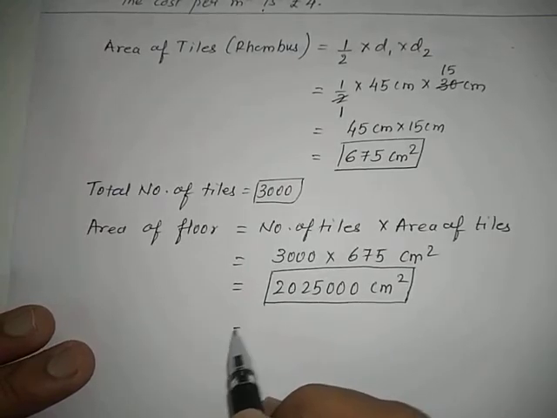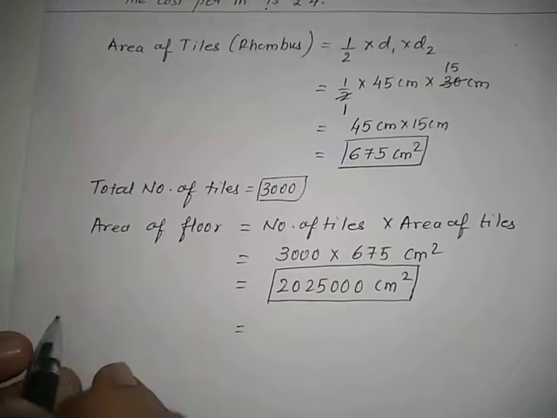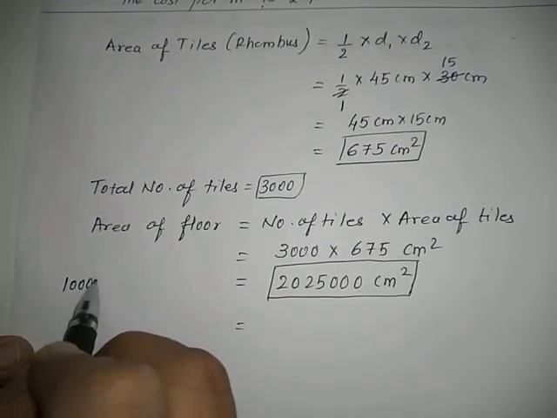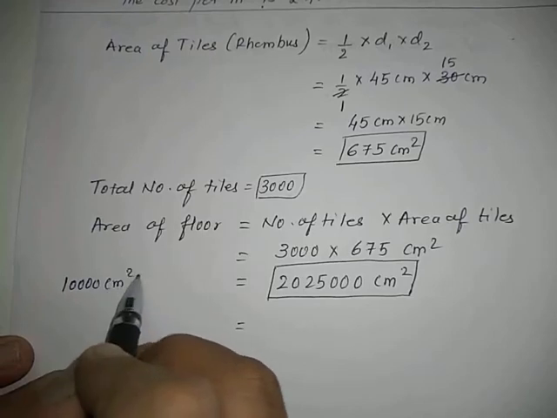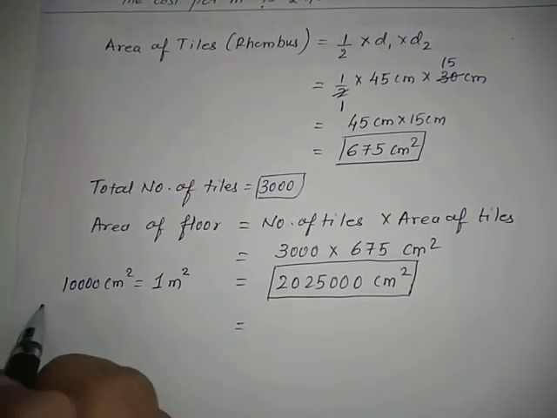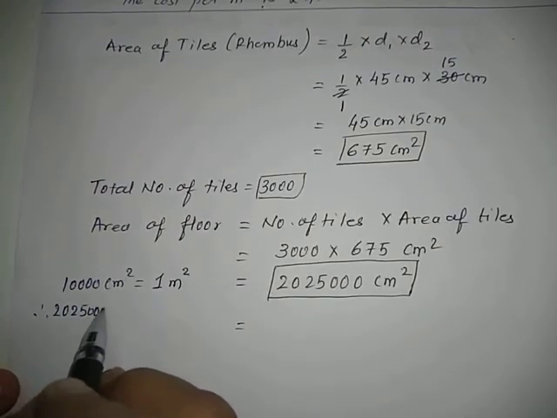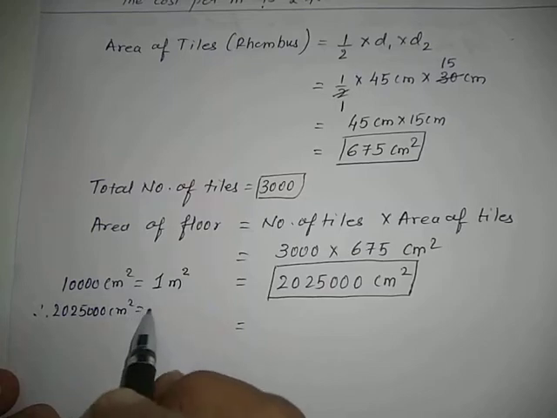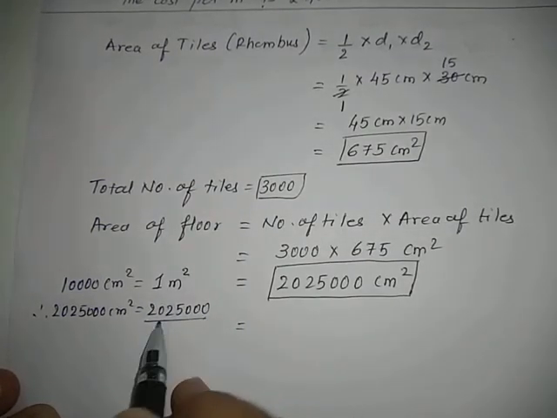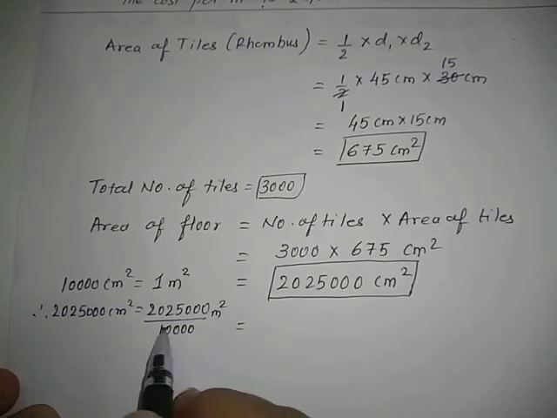When we are converting this into meter square, we know that 10,000 centimeter square is equal to 1 meter square. Therefore 2025000 centimeter square, divided by 10,000, will convert to meter square.